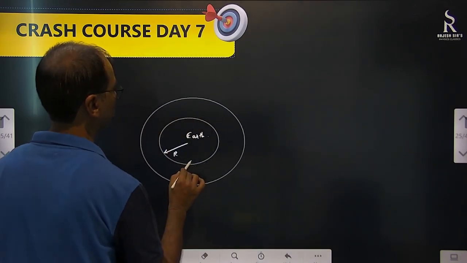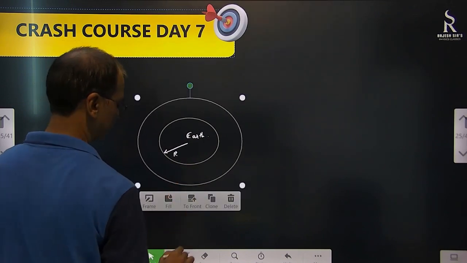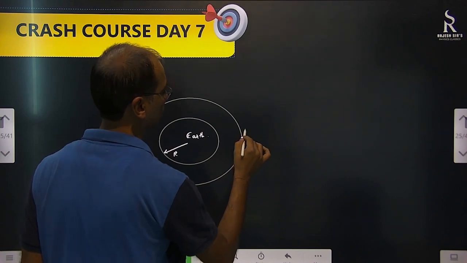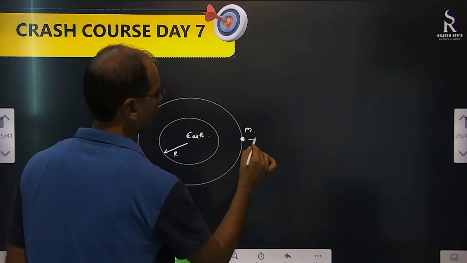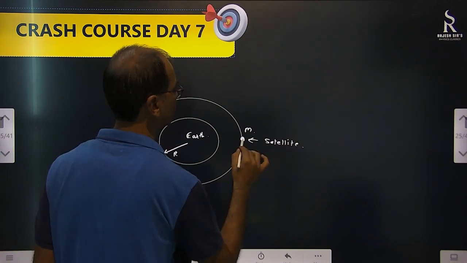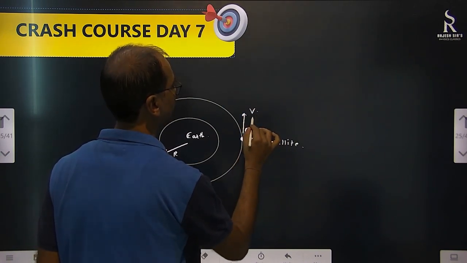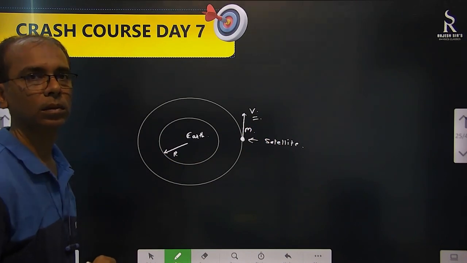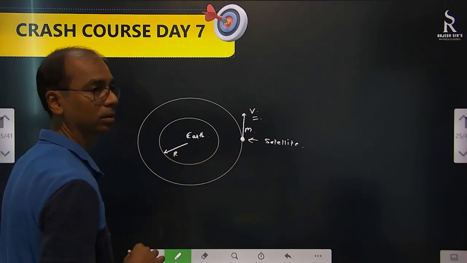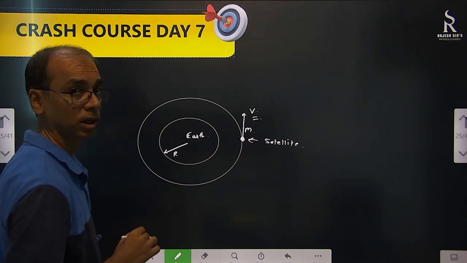This is the orbit of the satellite. Mass is m. So what energy does this possess? We know that it's moving with velocity. Right. And it is also orbiting around the earth. So earth is attracting it. It is in the gravitation field of the earth.